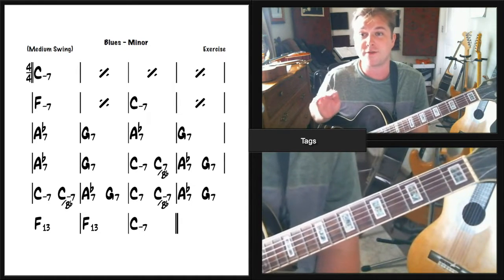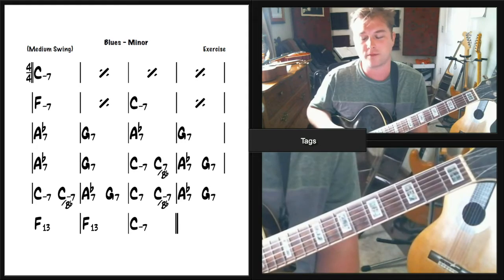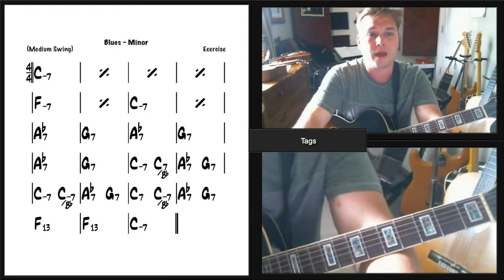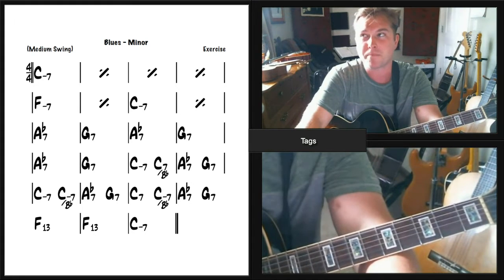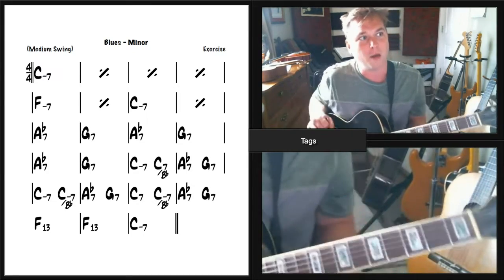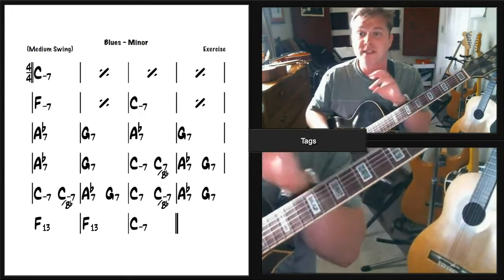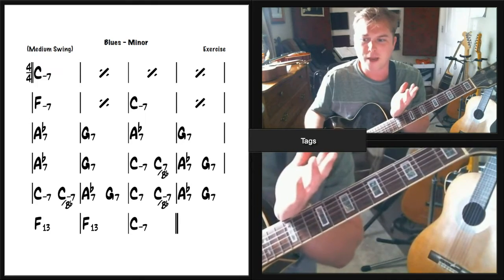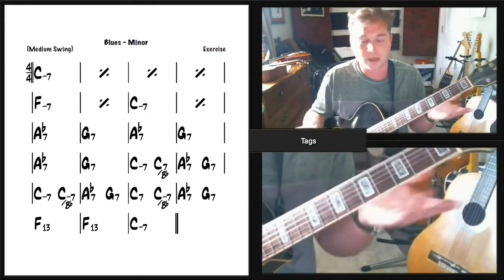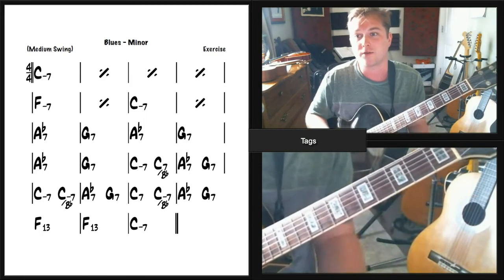Sometimes there are very specific tags written out, with DS symbols, codas, all that kind of stuff. And those are good too. Sometimes there are written-in tags, like Black Orpheus, right? At the end of that tune, there's a specific thing. And it's okay if you don't know it, because then you can just play the most common natural thing at the end, right?